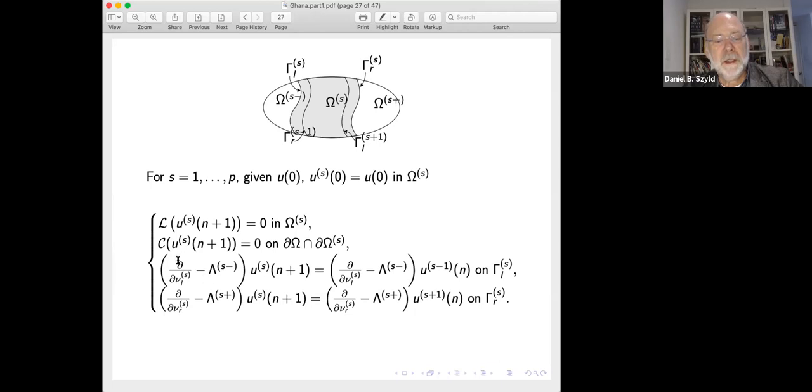So this is the normal derivative plus alpha u, for example. Here, you take the information from the right subdomain at the n step. So I have the information at the n step on left and right. These are my boundary values to solve the local problem. Is this clear?